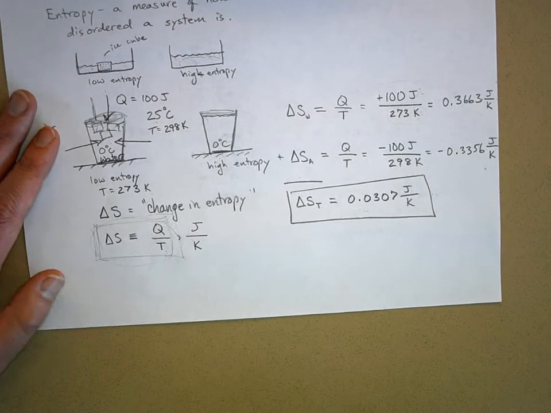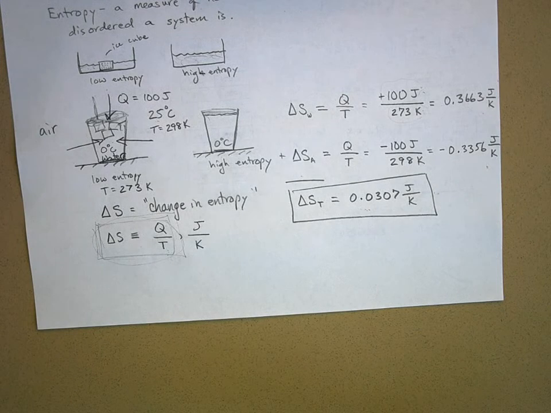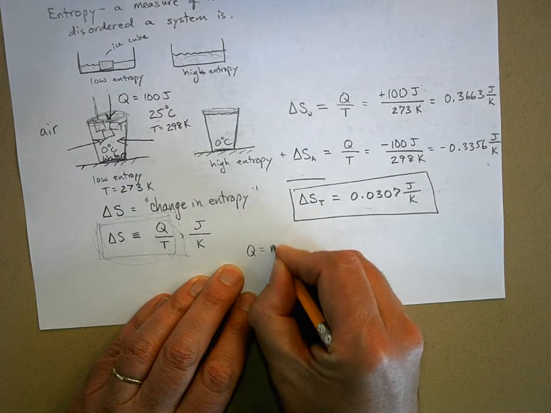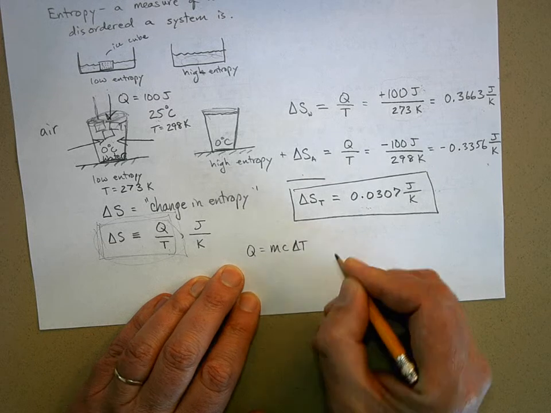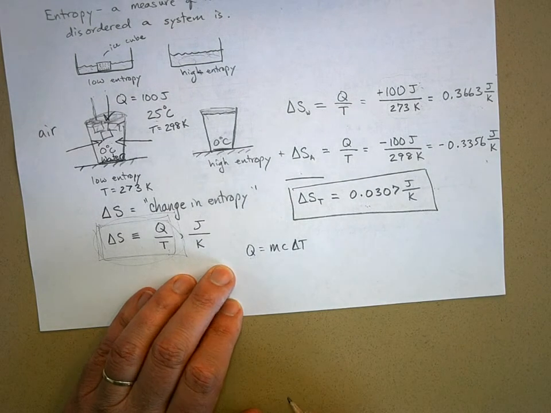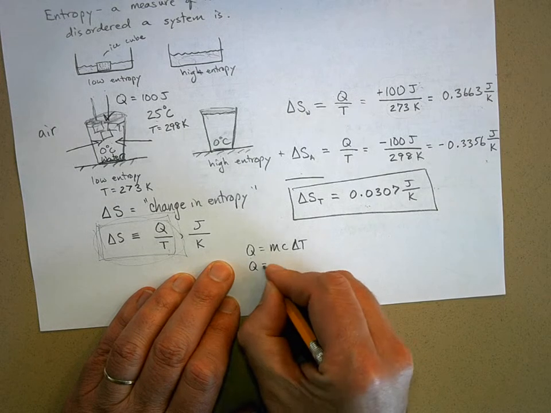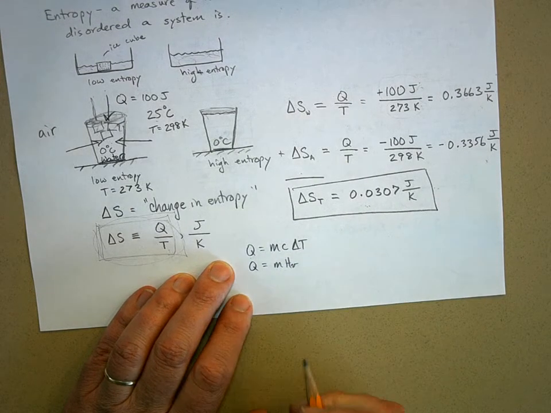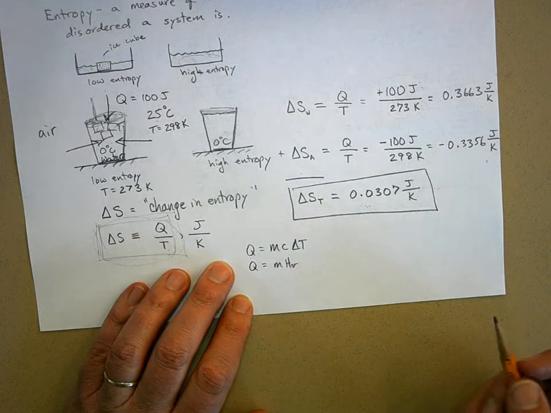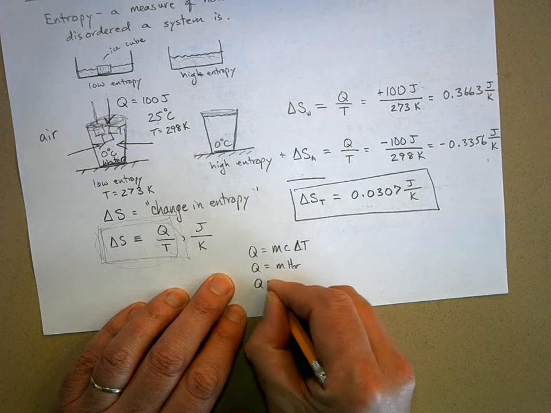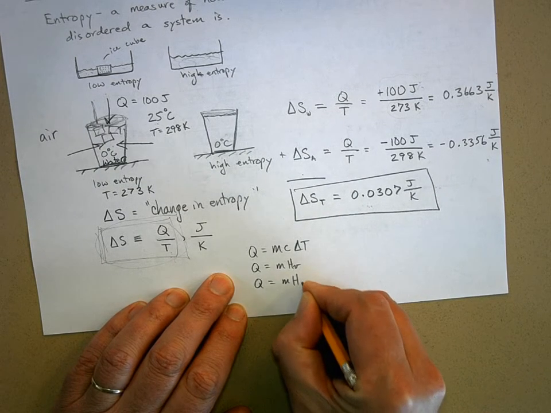Well, there aren't that many equations in thermodynamics, right? We have Q equals mc delta T. That's when heat transfers to change the temperature of a substance. Or you have Q equals mHv, heat of vaporization. That's the heat that's given off or absorbed when you go from a liquid to a gas or a gas to a liquid. There's m times heat of fusion.